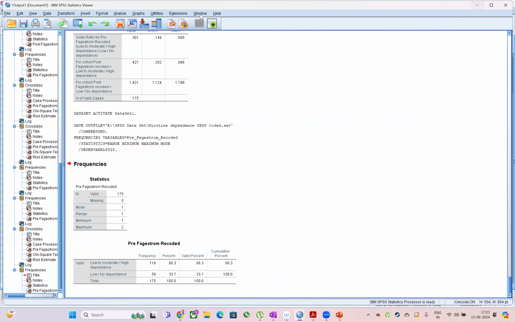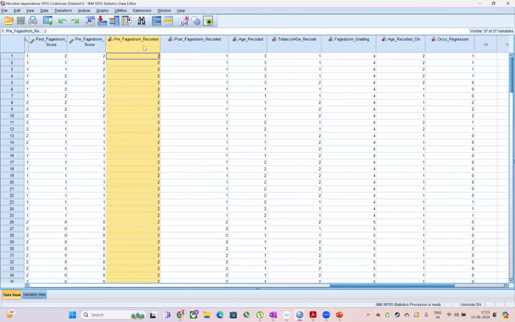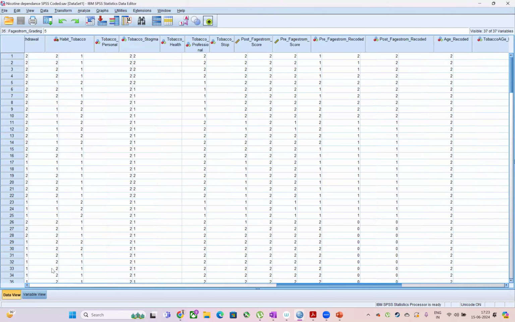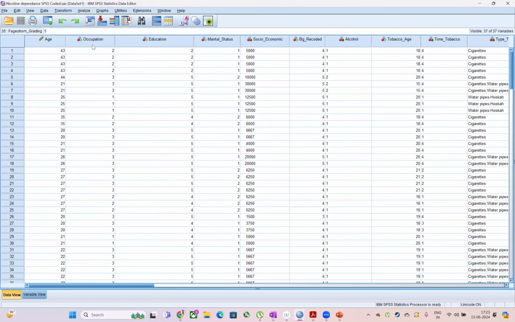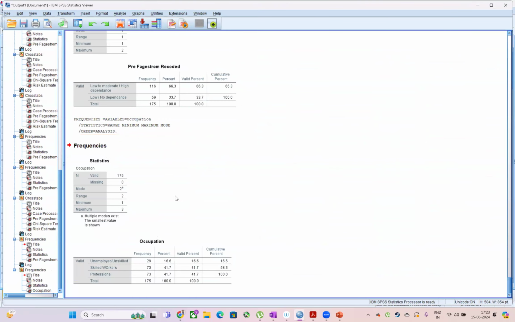Now I want to find the association between nicotine dependence and occupation. Occupation has three categories. One is the unemployed, another is the skilled workers, and the other one is the professional.